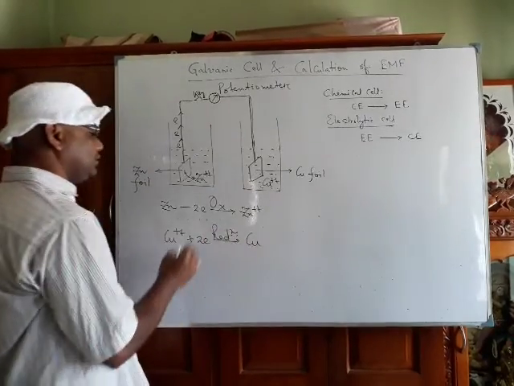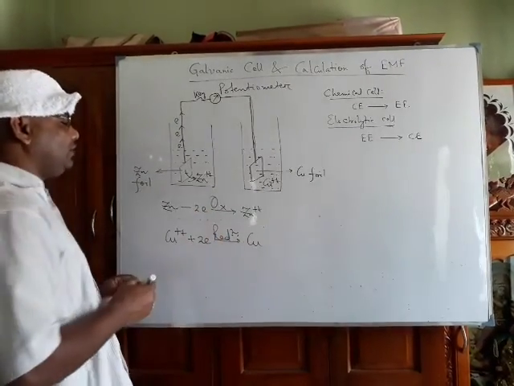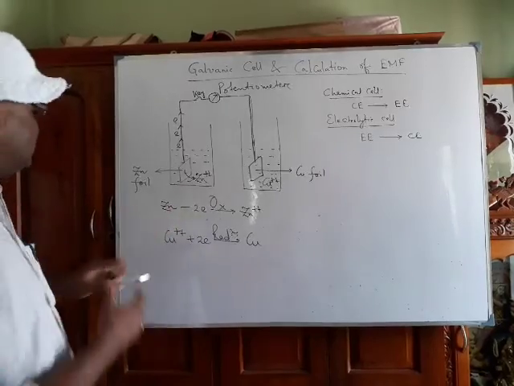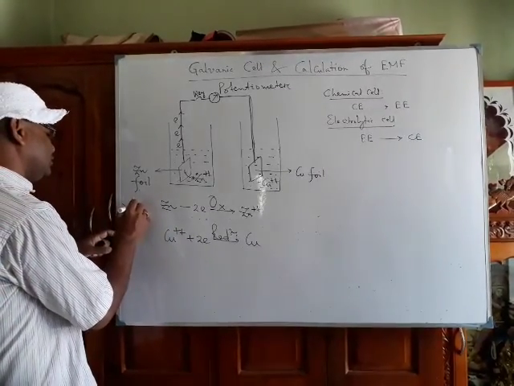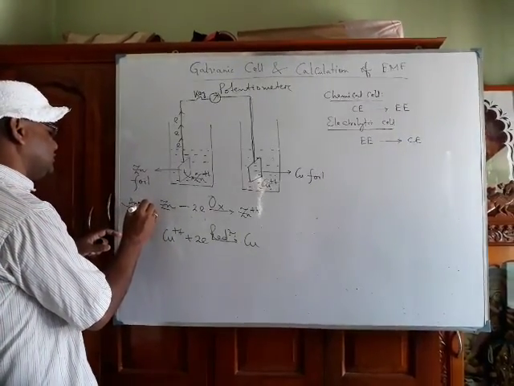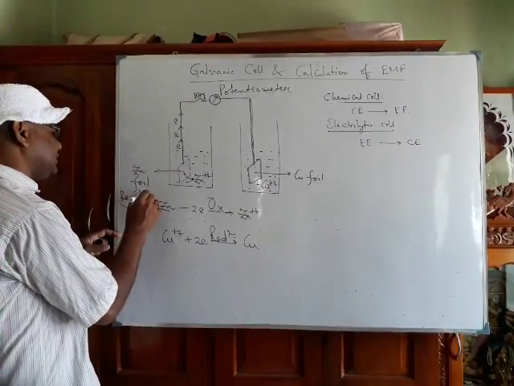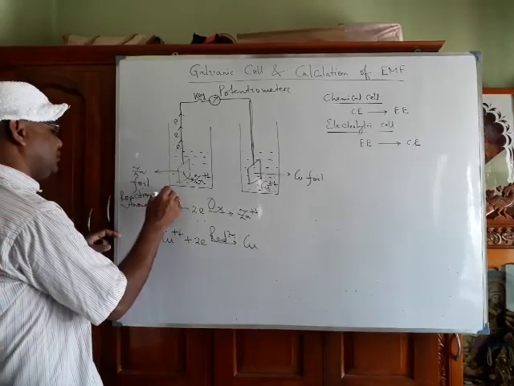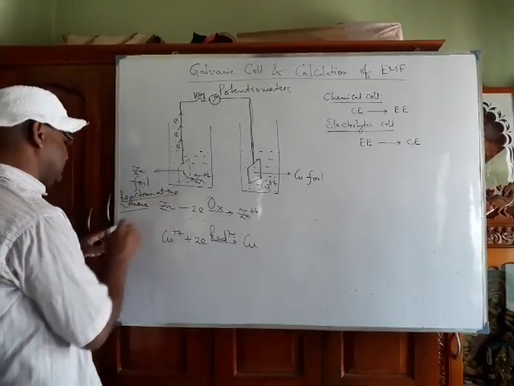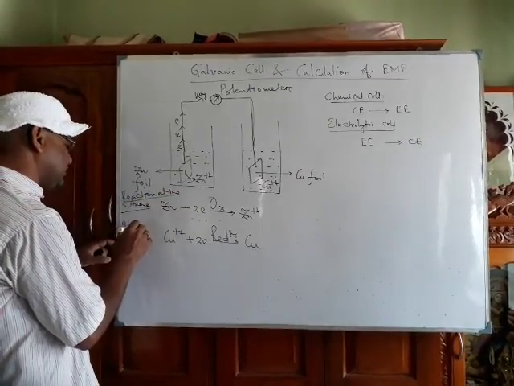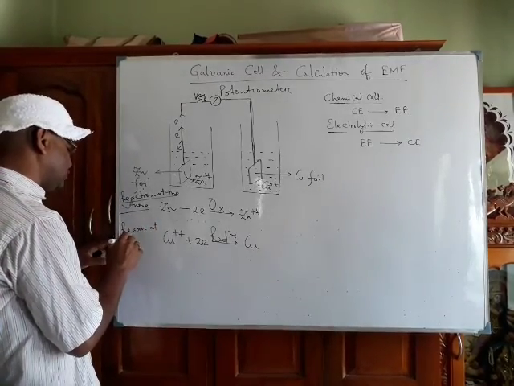The foil where oxidation occurs is called the anode. This is the reaction at the anode, and this is the reaction at the cathode.